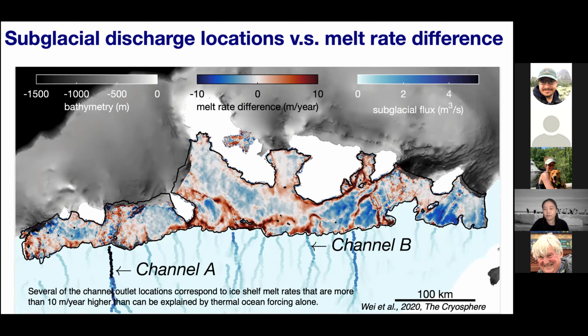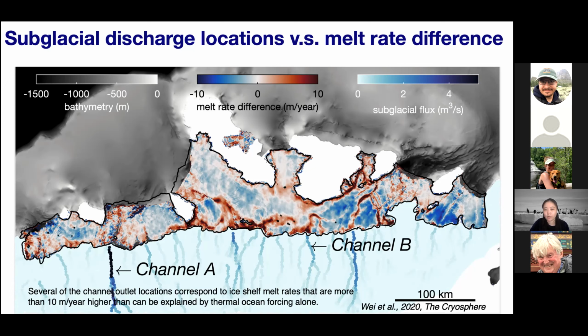The melt rate in this figure is defined as the melt rate difference, which is the observed satellite melt rate minus the no discharge melt rate. This melt rate difference can tell us where melt rate is higher than expected, as shown in the red area.